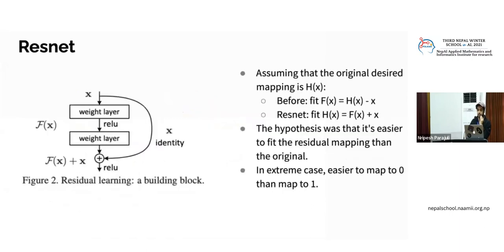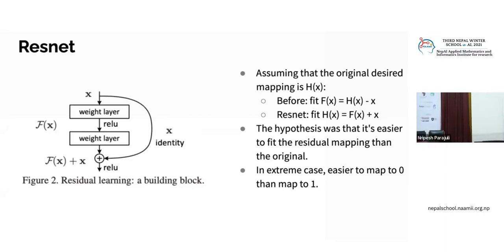Their hypothesis is that for the optimization, it's easier to learn to predict 0 than 1. 1 is identity: if we write in matrix notation, an identity map is just 1 on all the diagonal of the matrix. So the hypothesis is that it's easy to fit 0 rather than 1, and it's easy to fit a residual of a function.